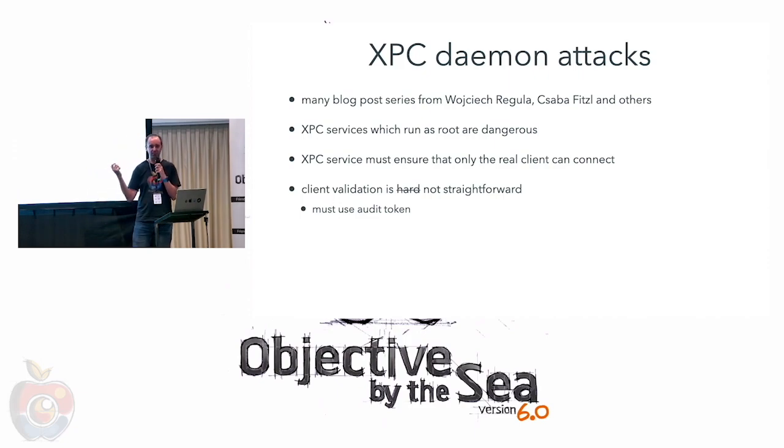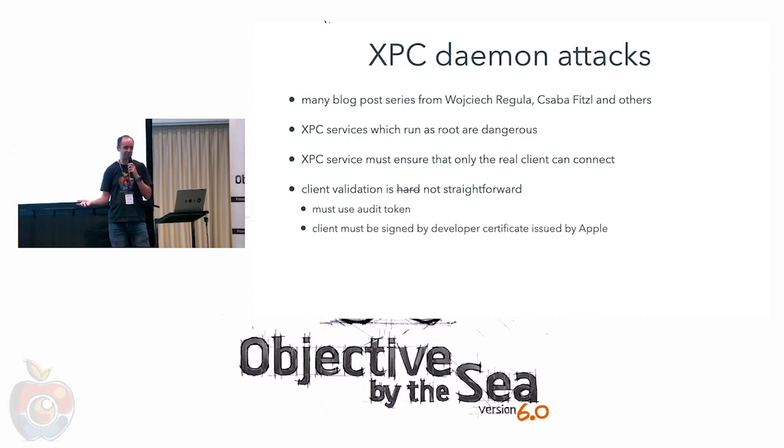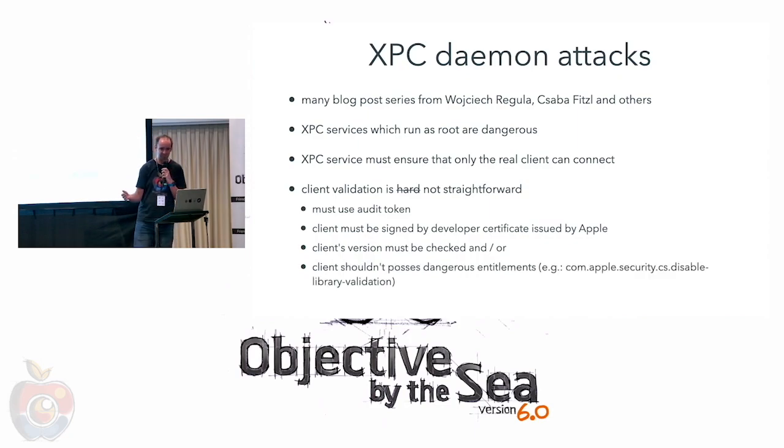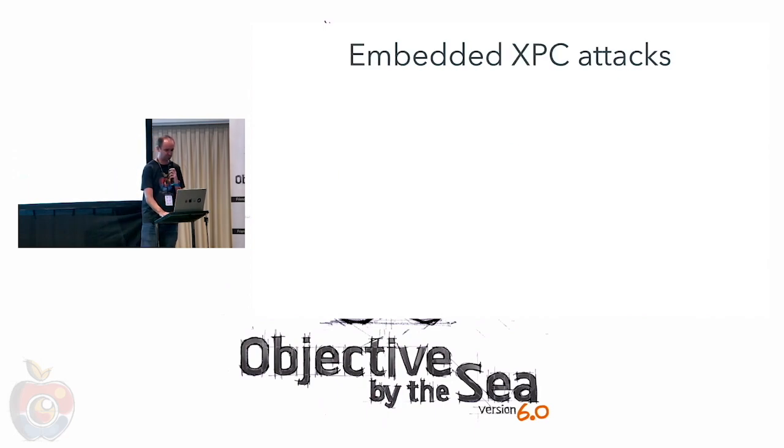Now we have, but in the past we simply didn't have a secure way to do it. A client must ensure that the certificate is issued by Apple and signed by a developer. A version check should occur, or we should ensure that the client doesn't possess any dangerous entitlements.